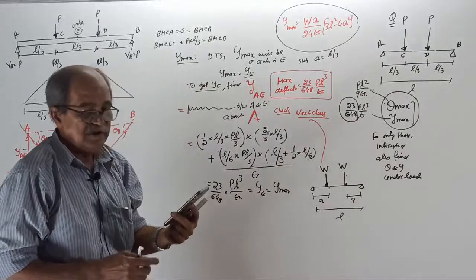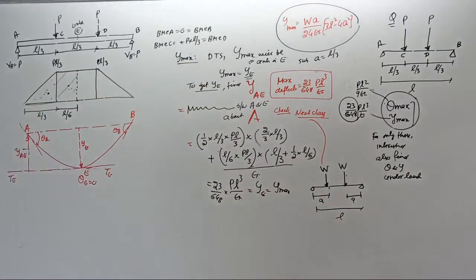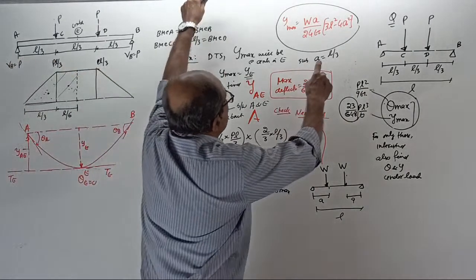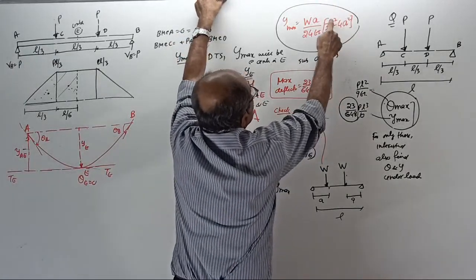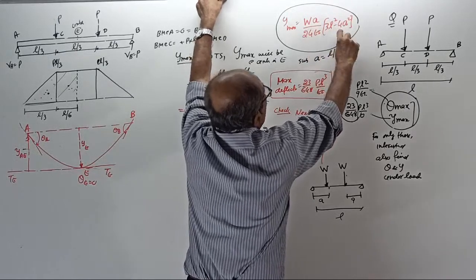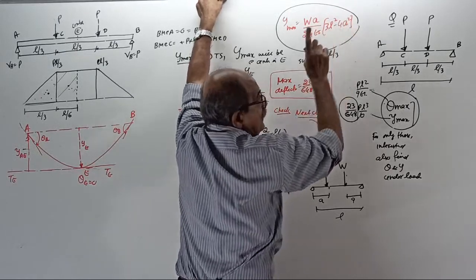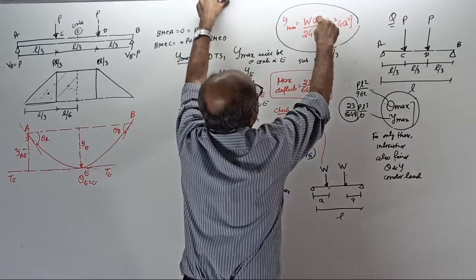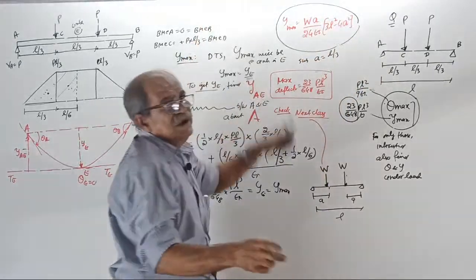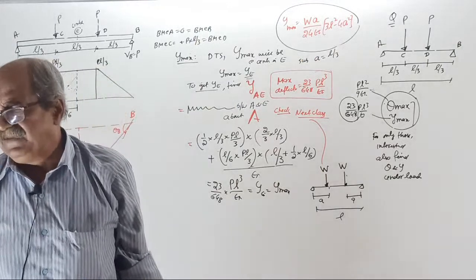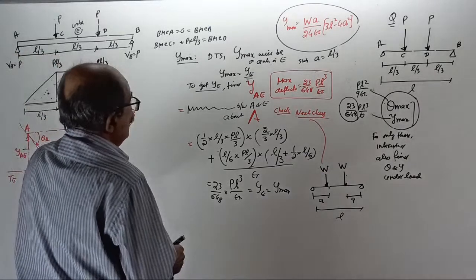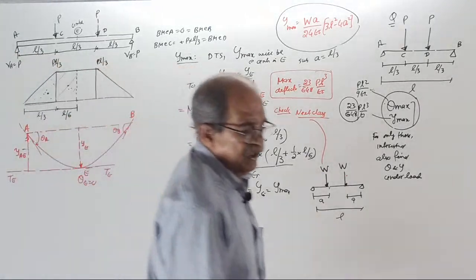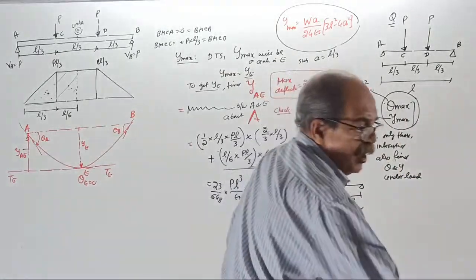Are you getting it? Put A equal to L by 3; L square comes outside, into L cube. 3 minus 4 into 1 by 9, whatever you get into 1 by 3, divided by 24, you have to get 23 by 648. Are you getting? Yes, getting. Okay, now that question is over.